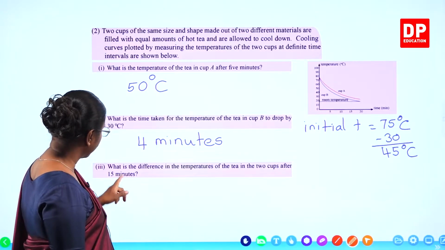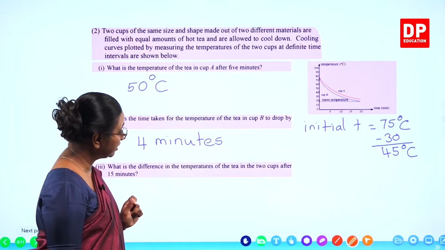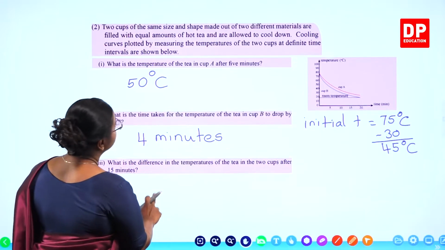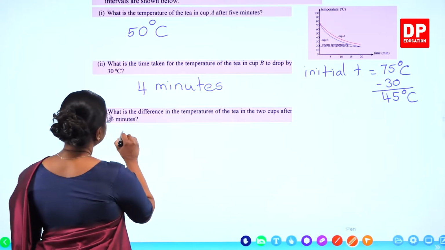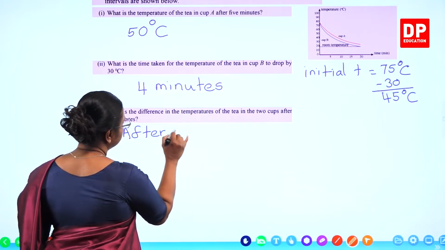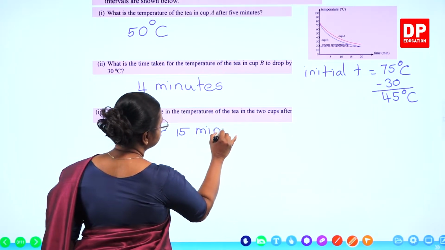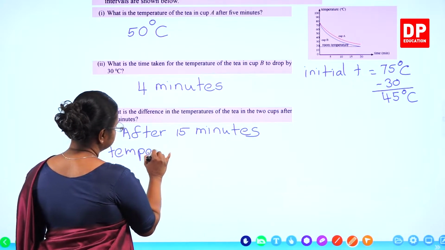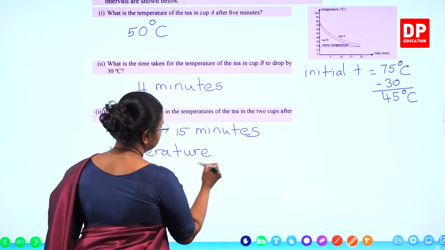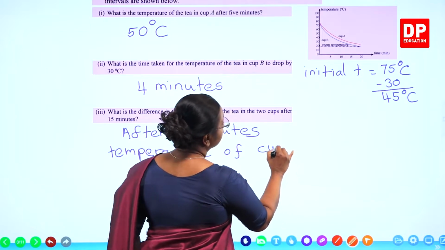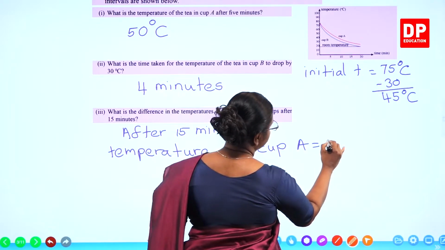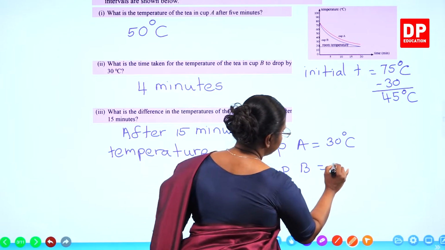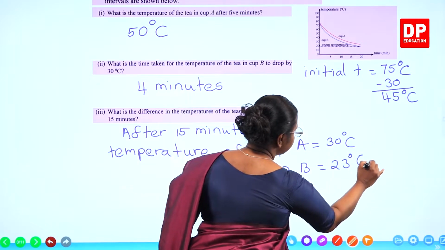So, to answer the question, what is the difference in the temperatures of the tea in the 2 cups after 15 minutes? After 15 minutes, the temperature of cup A is 30 degrees Celsius and cup B, we took it as 23 degrees Celsius.